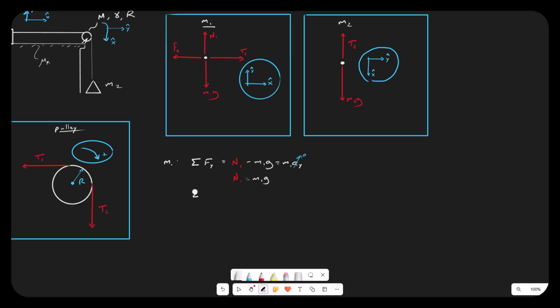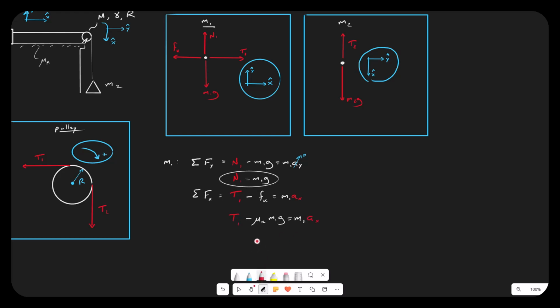In the x direction, I have T1 to the right minus friction to the left equals m1 times ax. I don't actually know my acceleration, so I'm going to leave that as an unknown. My friction force is mu times my normal force, so I have T1 minus mu k, and my normal force was m1g. That's why I cared about the y direction at all. Equals m1a.